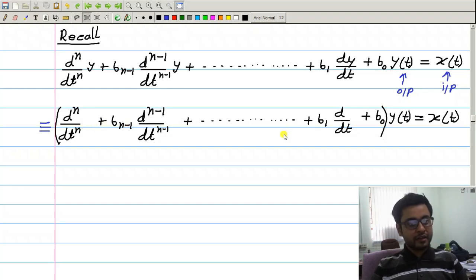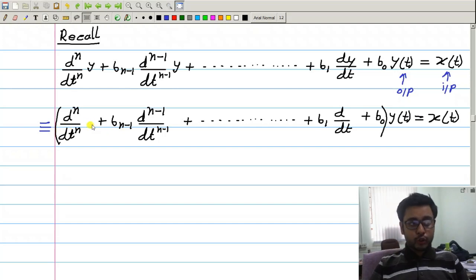That we have learned yesterday. Now this operator, nth derivative, then (n minus 1)th derivative multiplied by this constant, plus so on, plus then this multiplication by b0 operator, everything together is one operator that acts on y, and the result is equal to x.